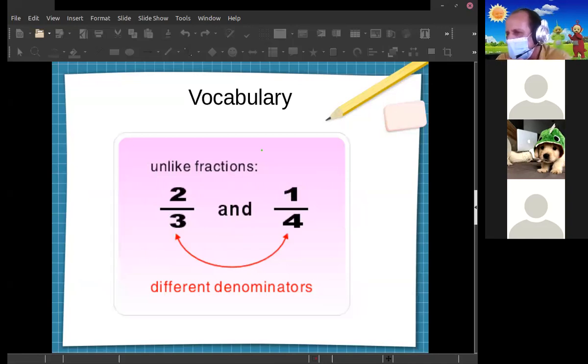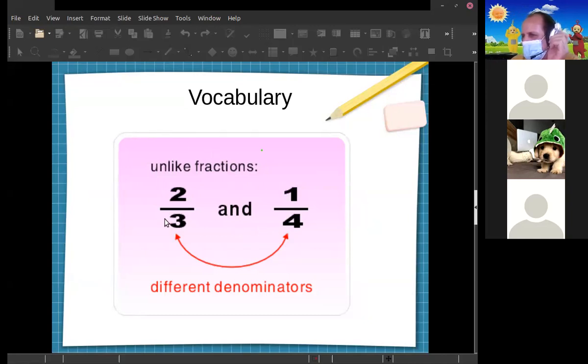Good. Unlike fraction. As an example, last week grade 5 had big problems with unlike fraction. Unlike fraction and like fraction, or we say also common denominator. A like fraction, both denominators are the same.